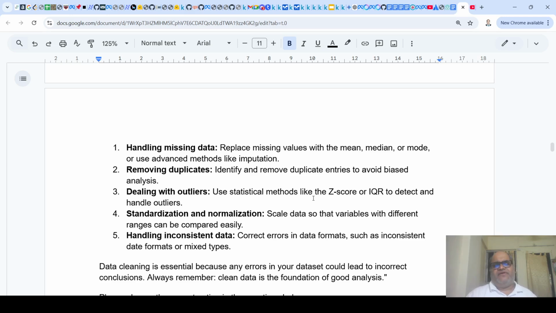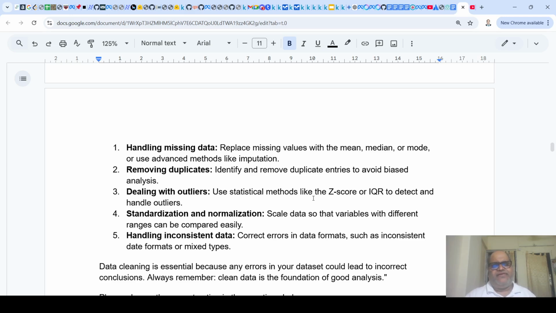So say anything beyond three standard deviations or interquartile range beyond certain thresholds, you can define some threshold based on your exploratory data analysis that you have seen, either in a box plot or a scatter plot or some of the other variations, and then you can make a decision on dealing with outliers.